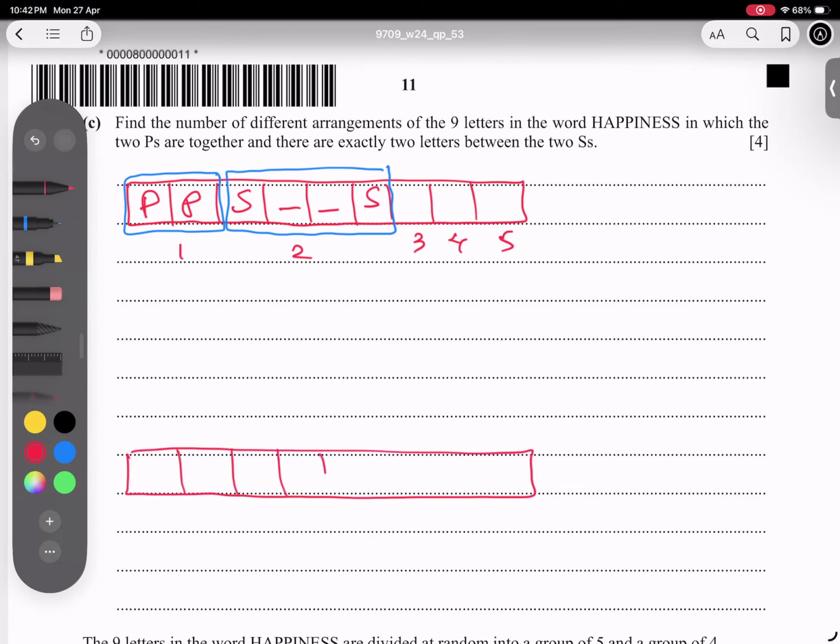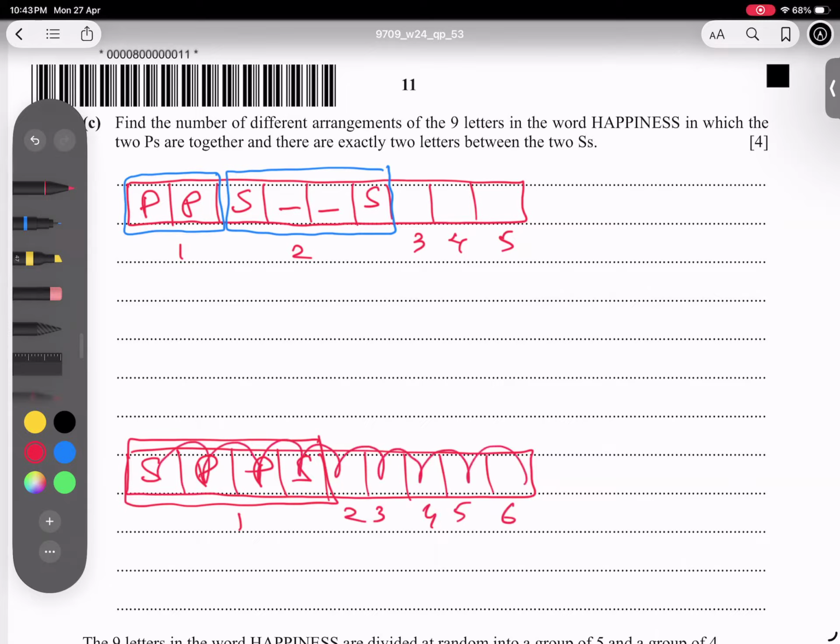1, 2, 3, 4, 5, 6, 7, 8. I have discussed the options when the 2 P's come in the middle. There are other options: 1, 2, 3, 4, 5, and 6. Let me check the count: 1, 2, 3, 4, 5, 6, 7, 8, and 9. Correct. So students, what is the option here? In this option, these 2 P's cannot come inside, because I count this as a separate object.